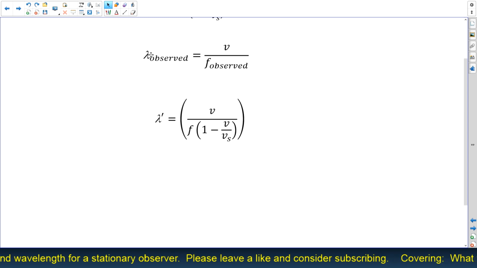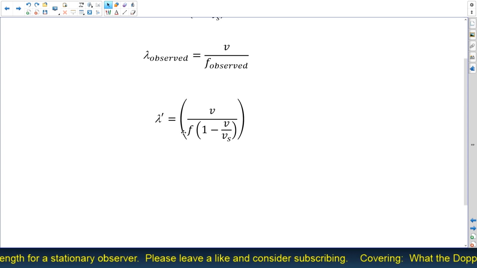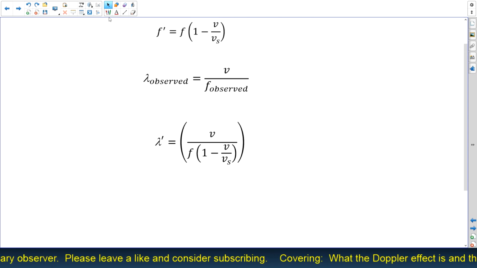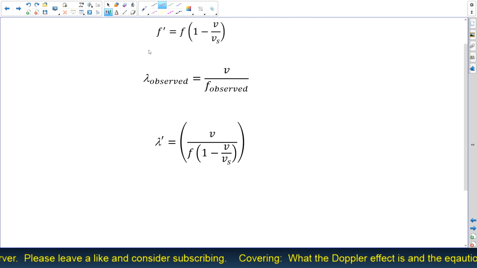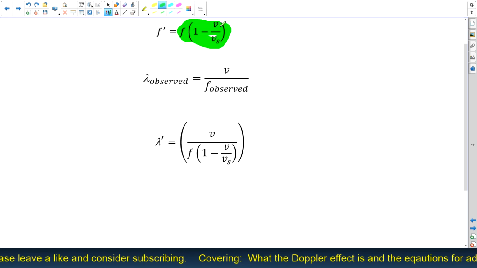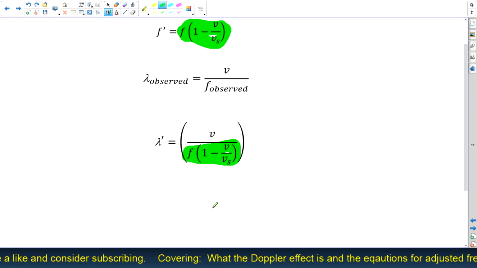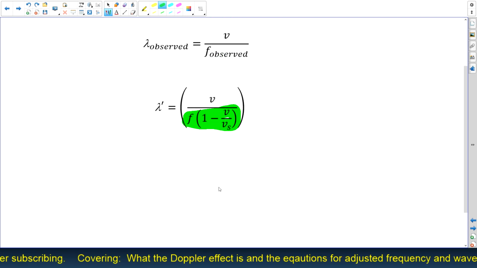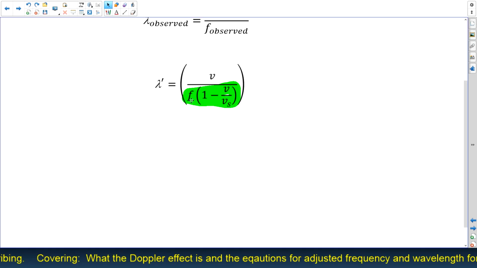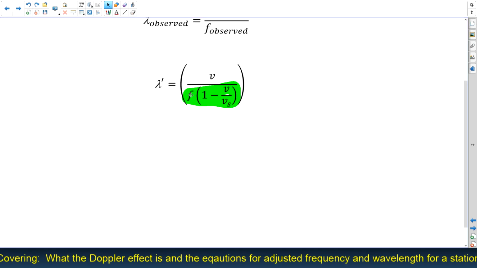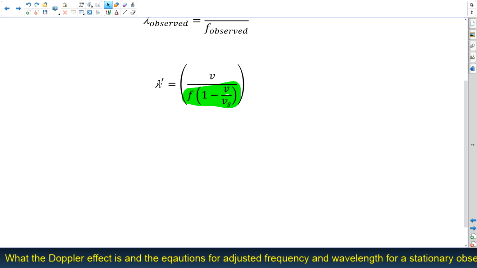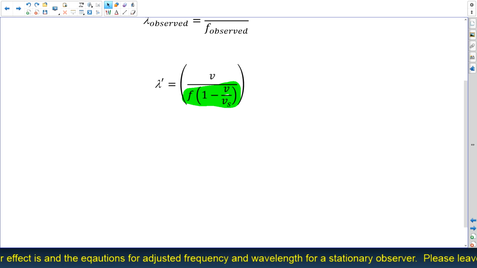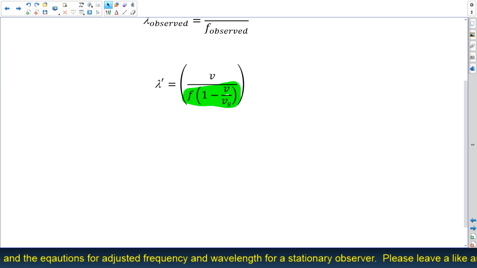So that gives us that lambda dash, lambda observed, is equal to v, which stayed in the top line and nothing happened to it, upon this. This is just this on the bottom line. So we've just replaced f observed here with our actual function for f observed. And that's lambda dash. You can walk away from that, but we don't want that. We certainly don't want an f here because then we have lambda observed in terms of frequency original. We want lambda observed in terms of lambda original. That would make a much better situation for us.